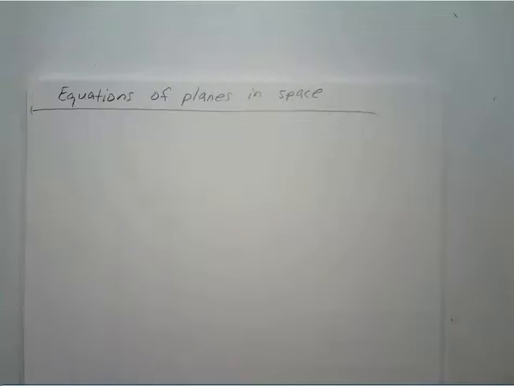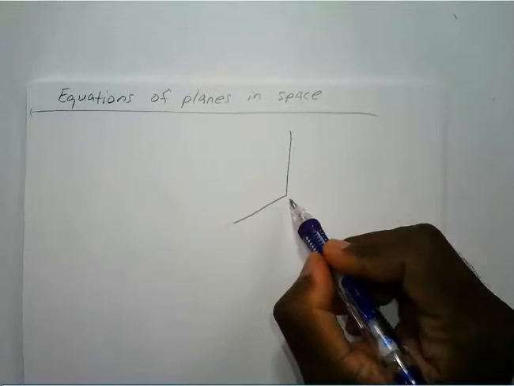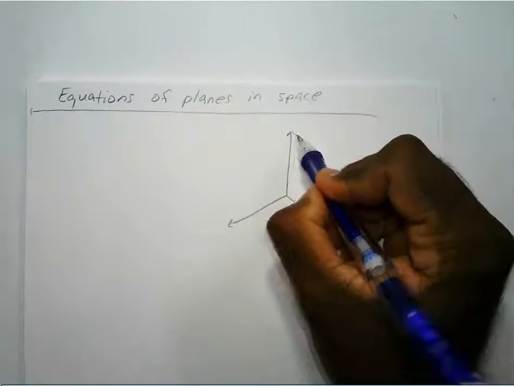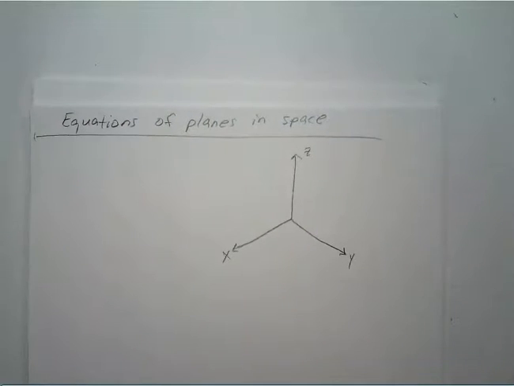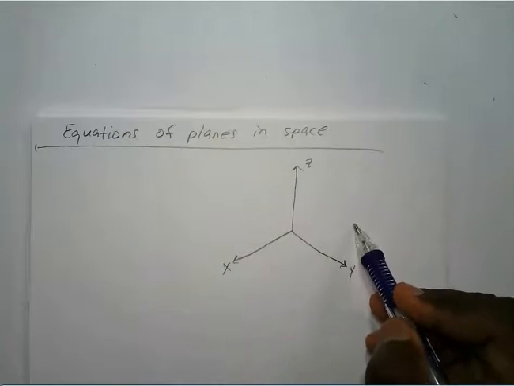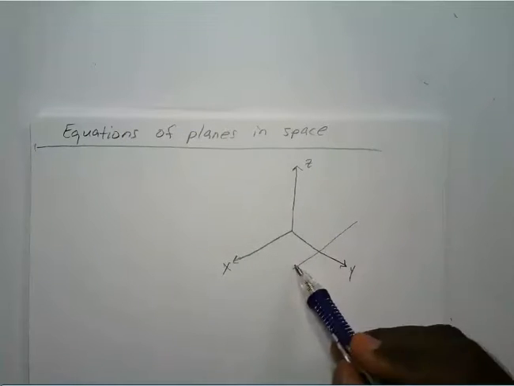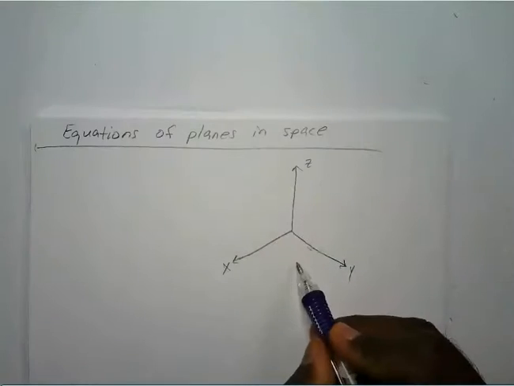So what we're going to do is draw our three-dimensional space. So we have our x, we have our y, and we have our z. In that, we're going to draw kind of a three-dimensional plane.